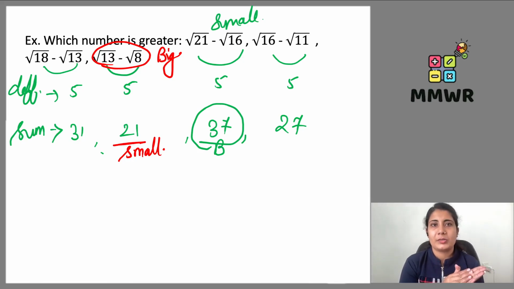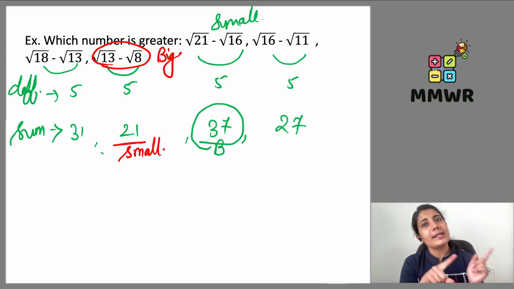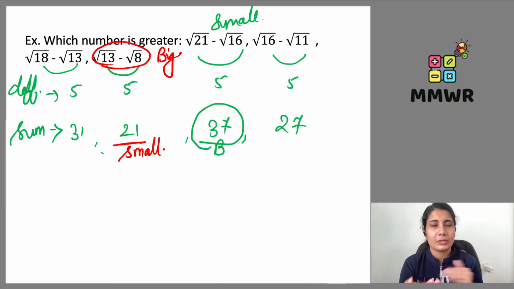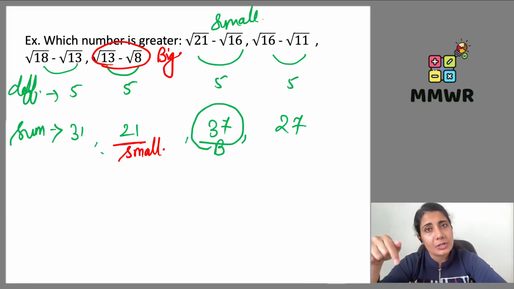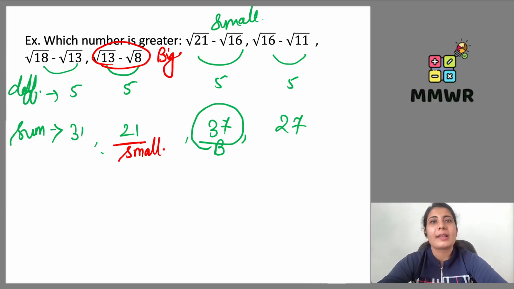Just the opposite happens. When the numbers are given directly, it is the other way around. When it comes in a fraction, with these roots under a difference operation with the condition that the difference should be the same, if it is coming into the denominator, then we do the same: whichever gives the big sum is declared the big number. But in this case, it happens opposite, because first we take the reciprocal, then rationalization, then we take the square, and then we again take the reciprocal. When we take the reciprocal at the end, that gives us the same numerator with a different denominator.